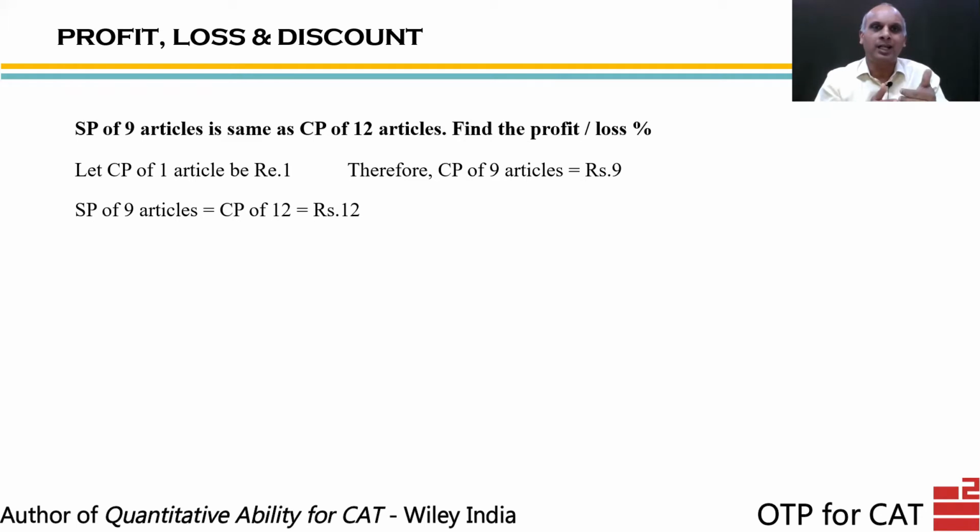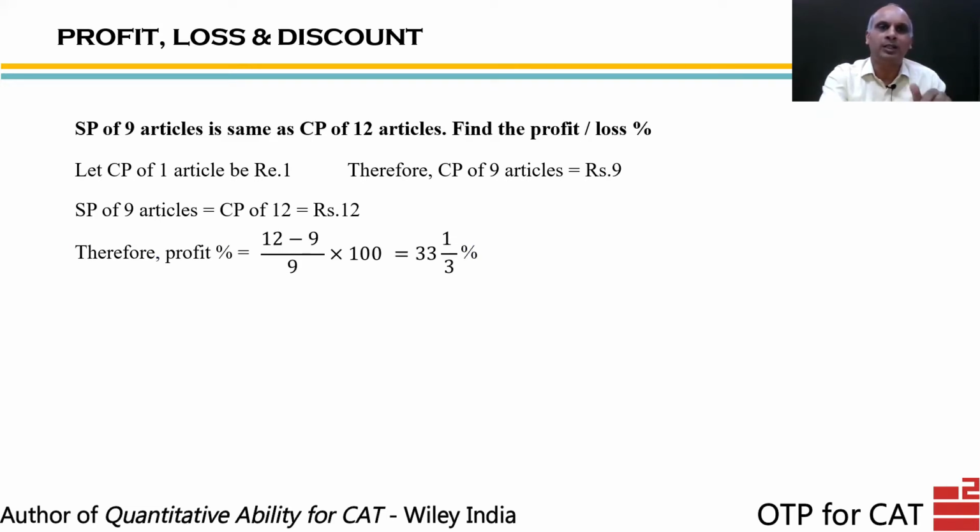So for 9 articles, CP is 9 rupees, whereas SP is 12 rupees. And therefore, it's a gain, it's a profit. And profit percent is 3 rupees profit divided by 9 rupees. That gives me 33 1/3% profit. So now when you convert the data of articles to rupees, I think the whole calculation and thinking process gets very, very easy.